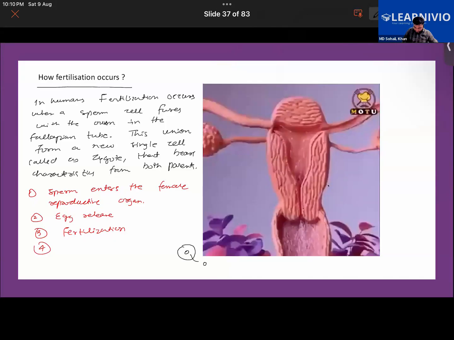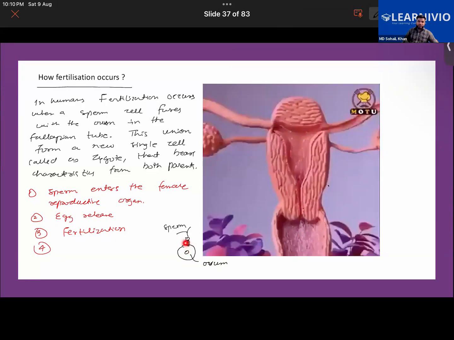As this is the ovum and that's the sperm, what happens? The sperm would be penetrating into the ovum. Millions of sperm cells are going inside the reproductive organ and surrounding the egg, but only one will be able to penetrate the outer layer of the ovum.